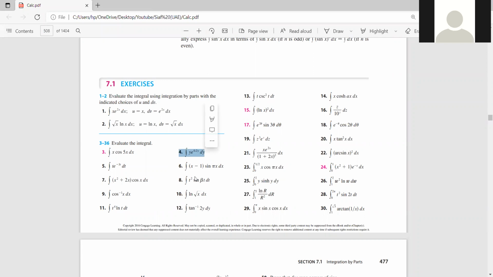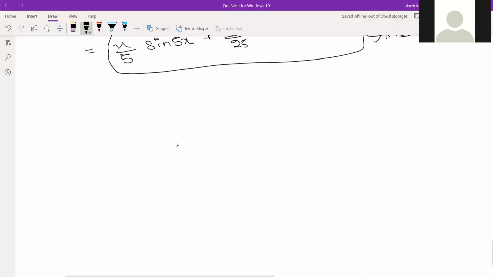In question number 4, we have to integrate the function, and the function is in the dy form. So y e raised to the power 0.2y dy. This is again a reducible function.